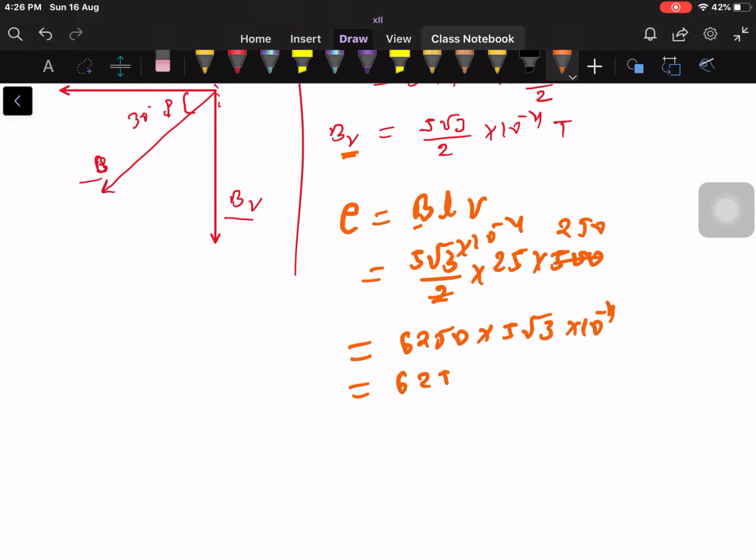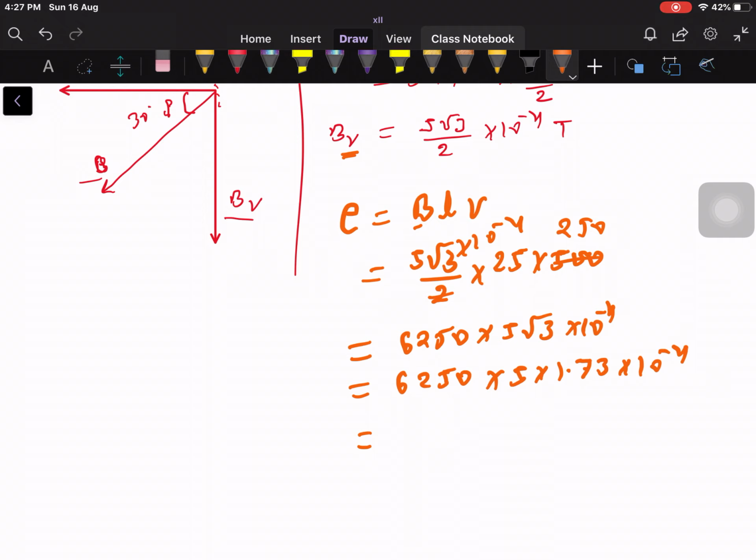Now 625 into 5 into 1.73 into 10 to the power minus 4. We have to multiply all this. If we multiply, then we are going to have the answer. The basic thing is, we must remember the concept. If we are able to remember the concept, then only we are able to solve all these questions.